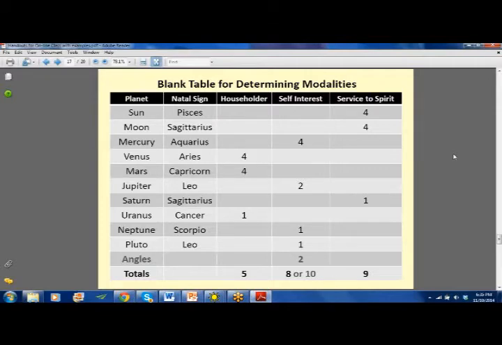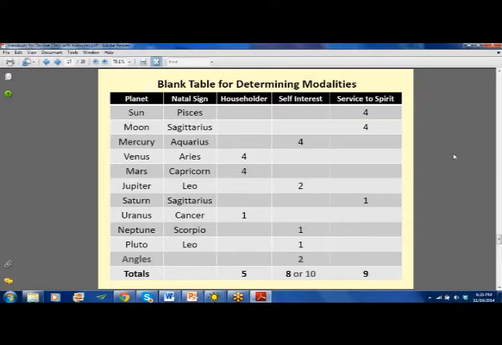Leo is about being creator and self-love and what does it take to really love oneself in a healthy way. And Aquarius is about expanding consciousness for its own sake, but it's for the person. You're not doing it in service to or for someone else. It really is from a perspective of self-interest or self-exploration.